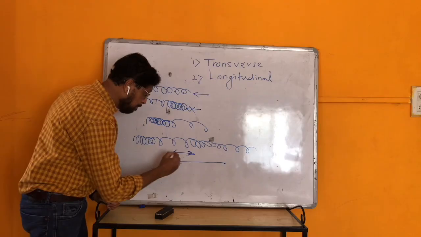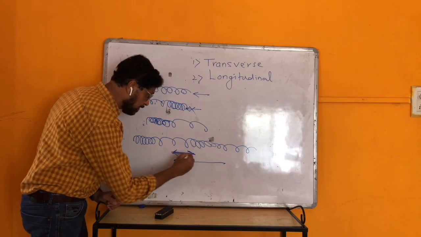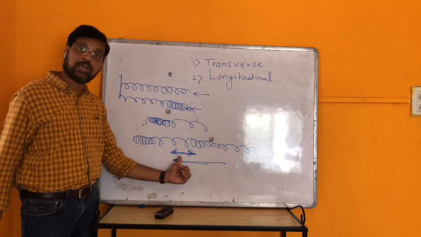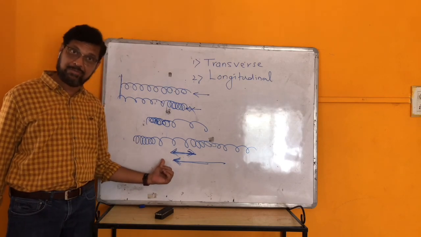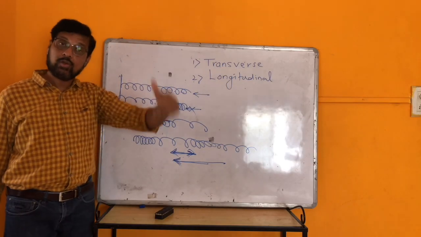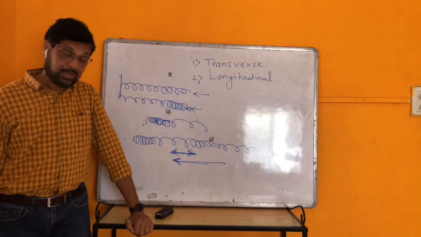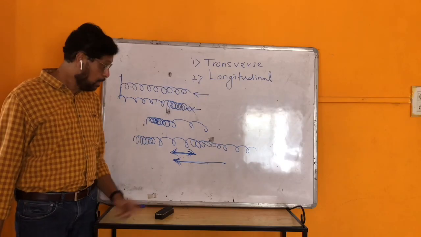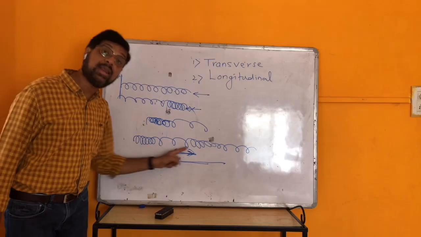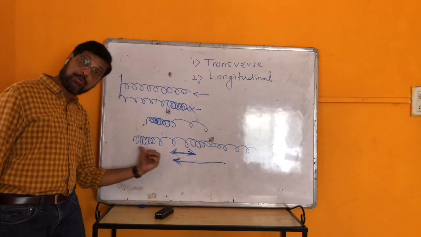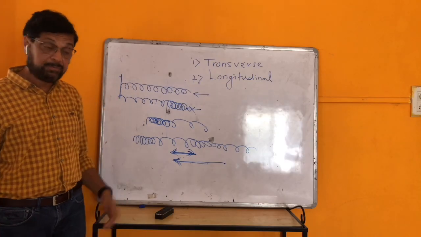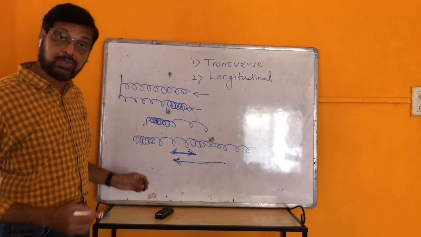Means vibration of the particles is parallel to the direction of propagation of wave. This wave is called a longitudinal wave. The wave in which particles of the medium vibrate parallel to the direction of propagation of wave is called a longitudinal wave. That is the definition of a longitudinal wave.